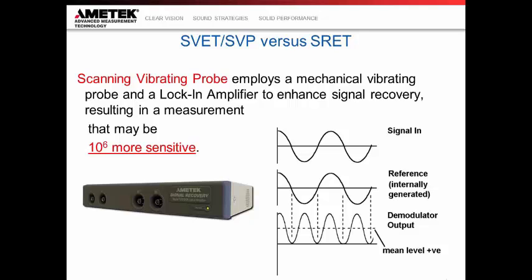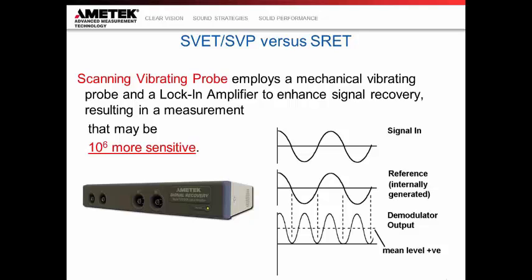Then I can use a lock-in amplifier. A lock-in amplifier is a device that takes an AC signal in and outputs a DC voltage that's proportional to that AC signal. I get to use that lock-in because I know that anything coming in at 80 hertz, the fundamental frequency of vibration, is going to be good signal. Everything else is noise.